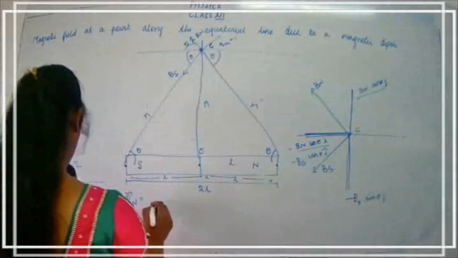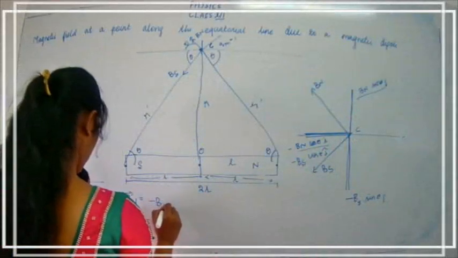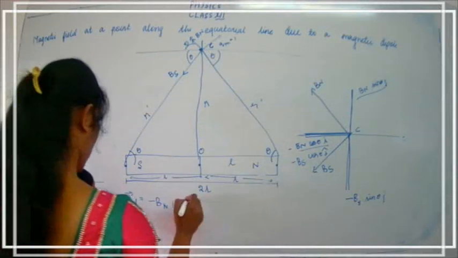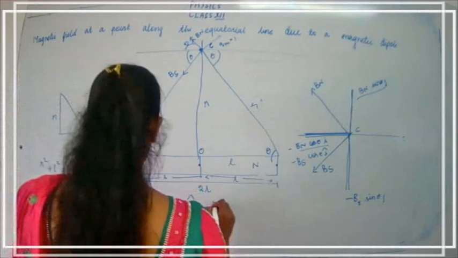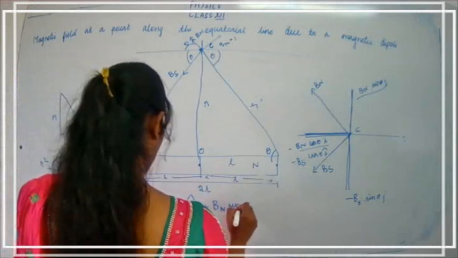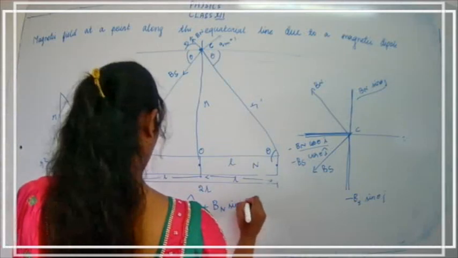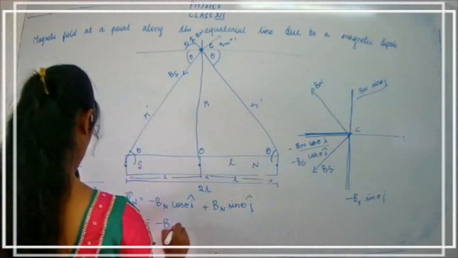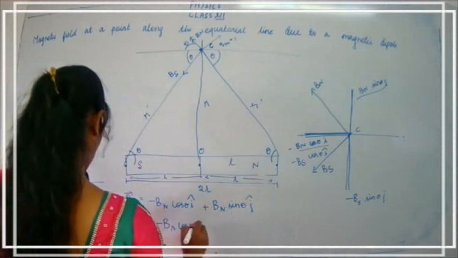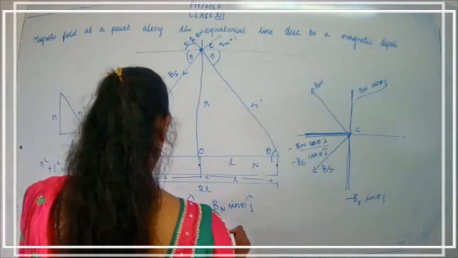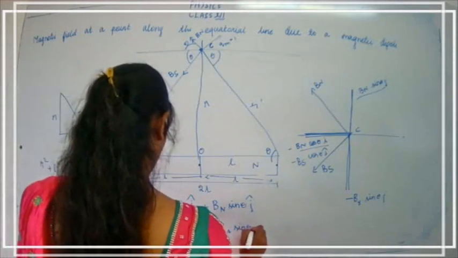So write it here: minus Bn cos theta I cap, and plus Bn sin theta J cap. For Bs, minus Bs cos theta I, minus Bs sin theta J.